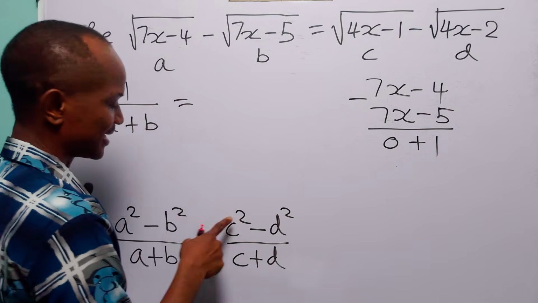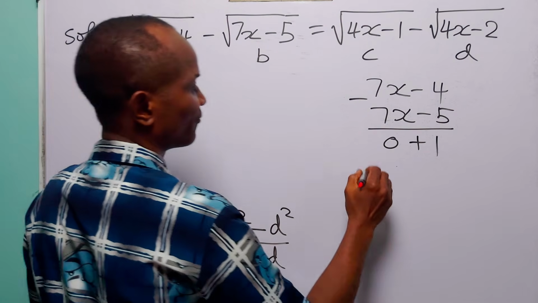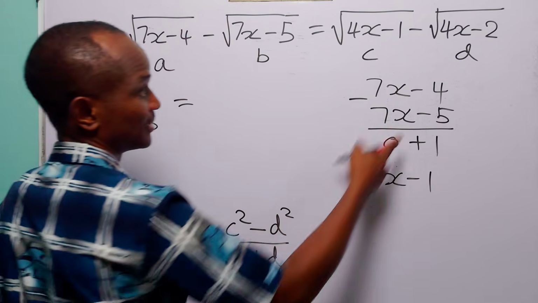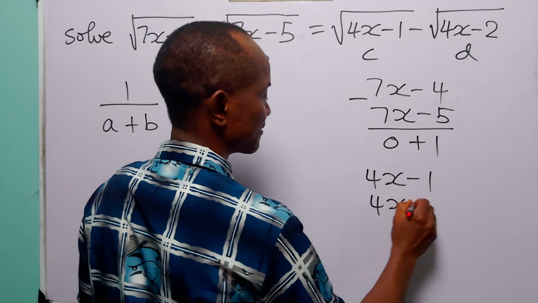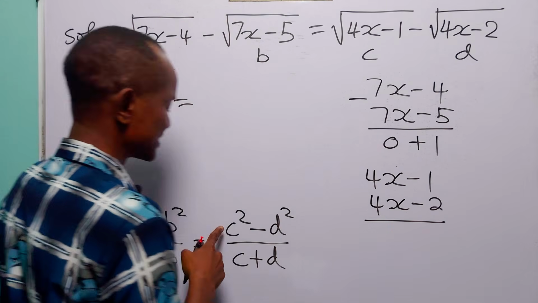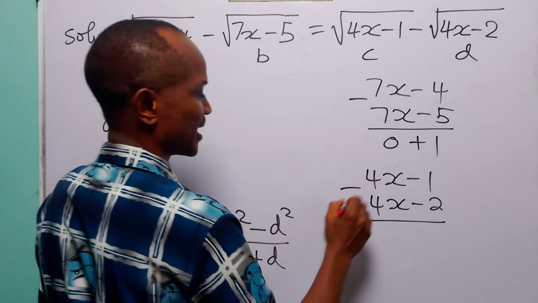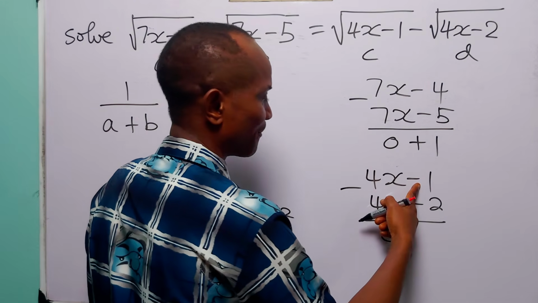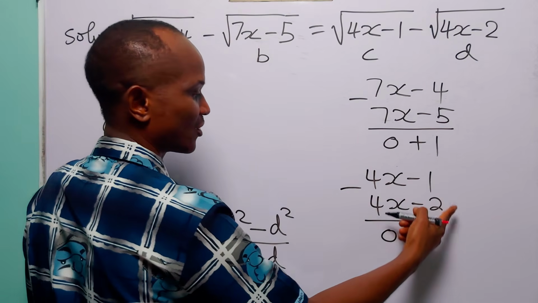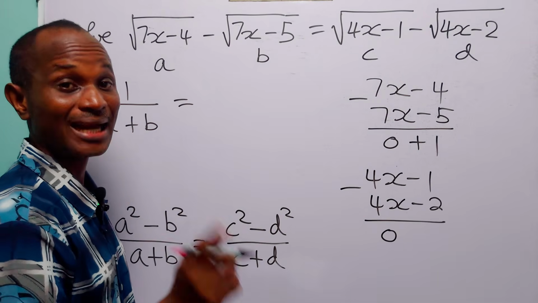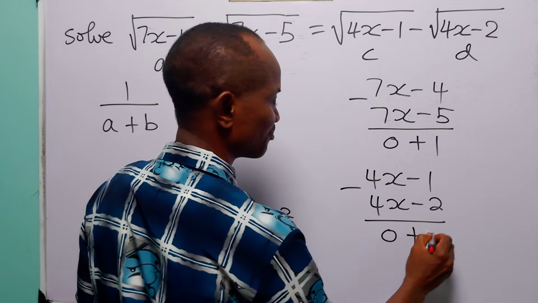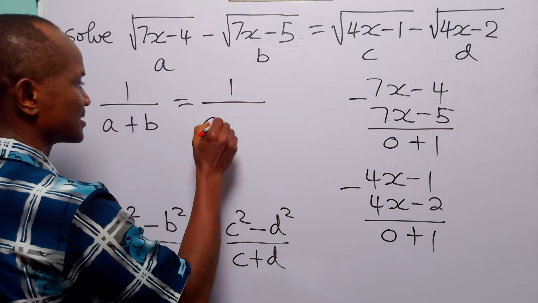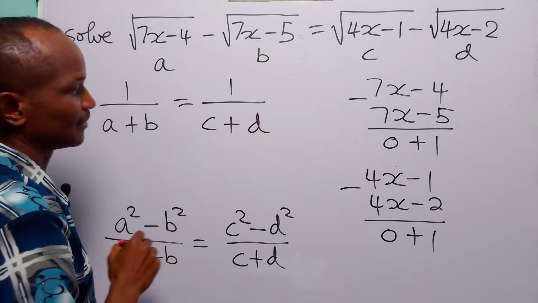Now, on the right-hand side, c squared is 4x minus 1, while d squared is 4x minus 2. c squared minus d squared is equal to 4x minus 4x, that is 0. Then we have minus 1 minus 2, that is equal to minus 1 plus 2, which is equal to plus 1. So here we have 1 over c plus d.